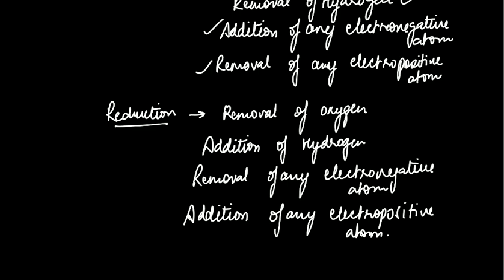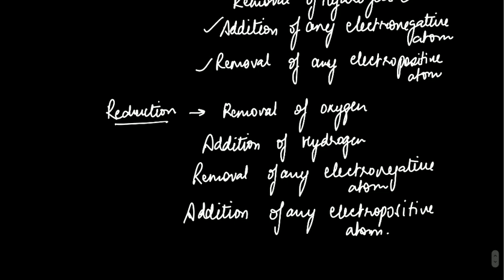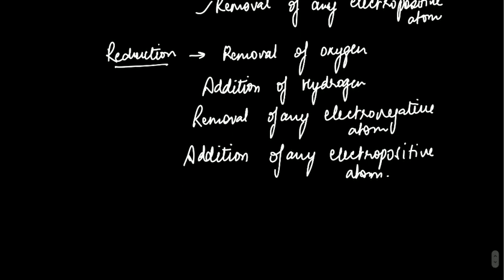Now time to take the examples. So first we will try to take examples of simple oxidations, and before that we need to remember one thing. When we say redox reaction, so I wrote oxidation and reduction, that is okay, but collectively we call a chemical reaction where oxidation and reduction is happening simultaneously.